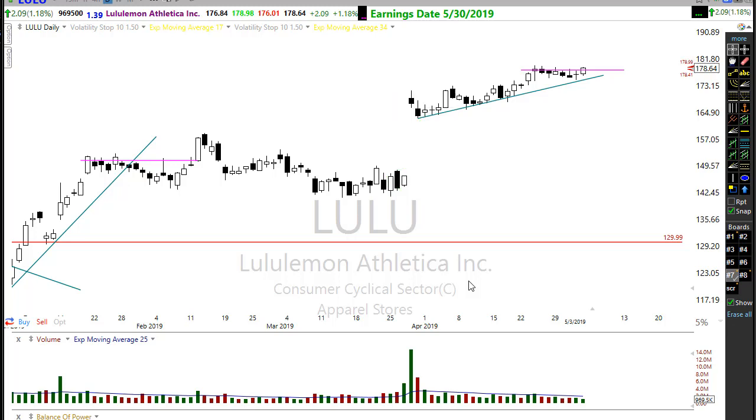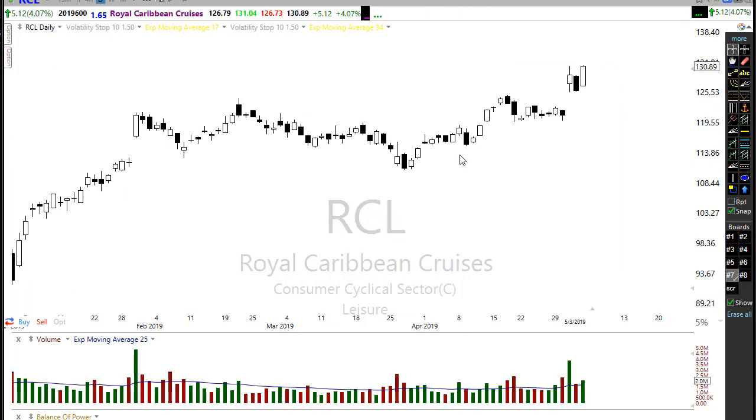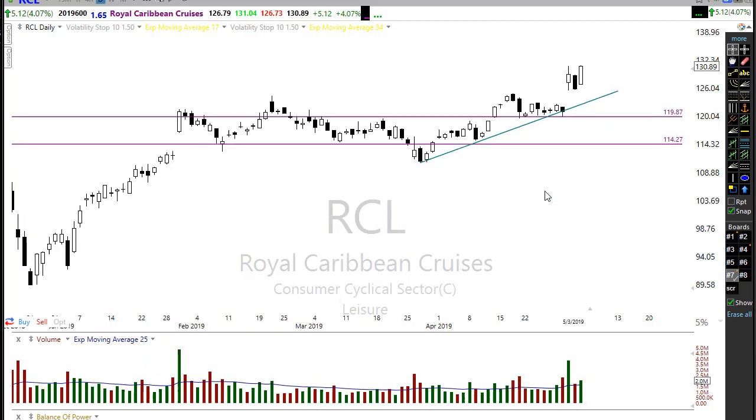Okay, kind of that gap and go. Let's take a look at another one. RCL. Kind of that gap and go. Gets that follow through momentum from that big move.